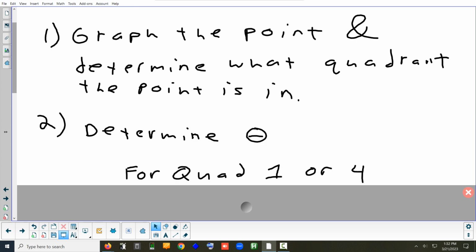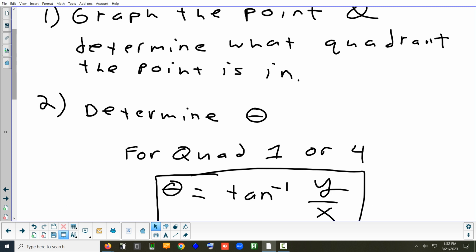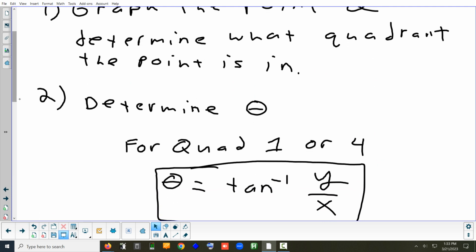If you're in quadrants 1 and 4, you can use exactly the formula that we just wrote down: the inverse tangent of y over x. That's exactly what we were getting at right here, if you take the inverse tangent of both sides. So that idea works perfectly if you're in quadrants 1 and 4.